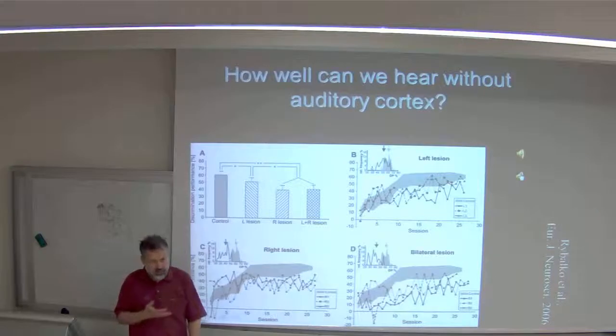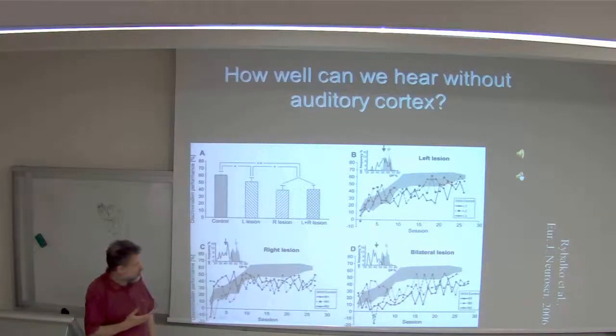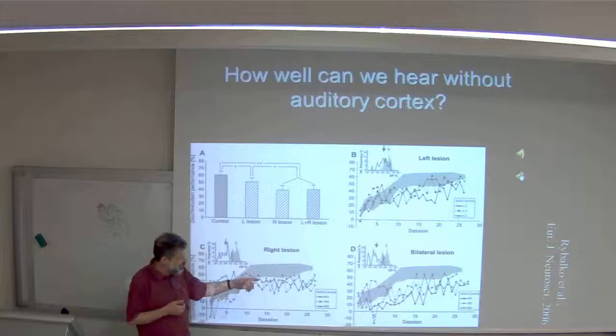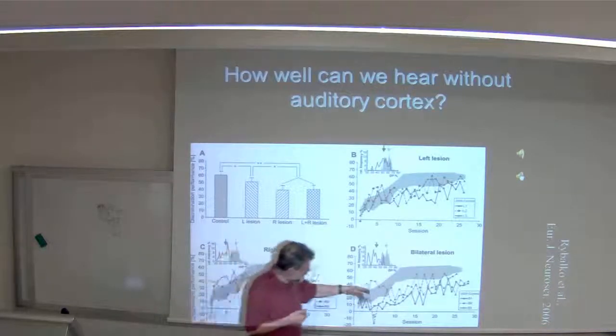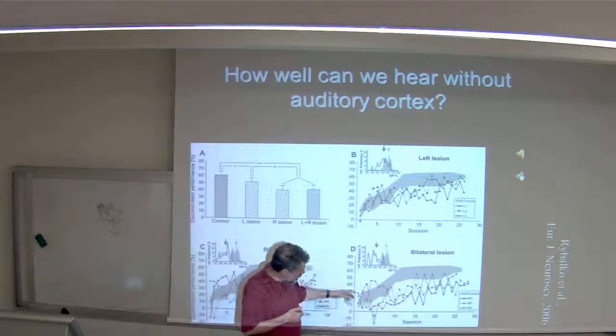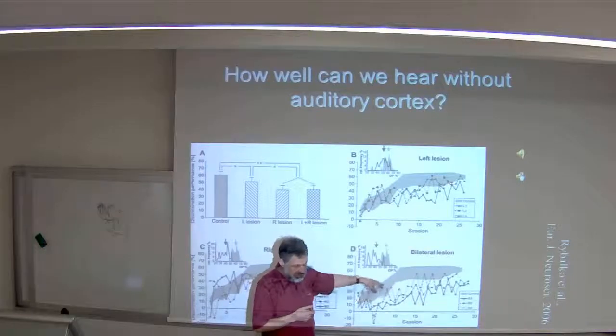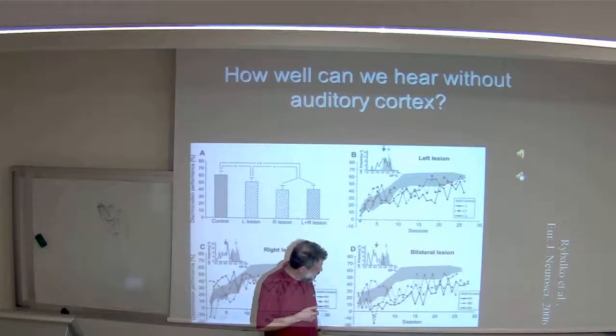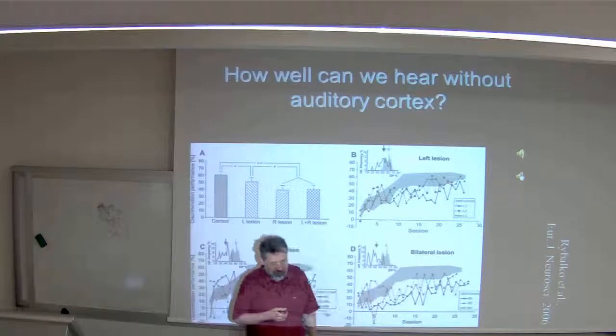But there's an elephant here. And the elephant is the fact that although these rats with both auditory cortices lesioned did less well than their intact friends, they still did the task far above chance.